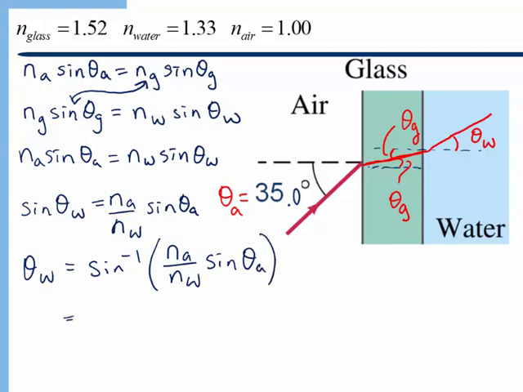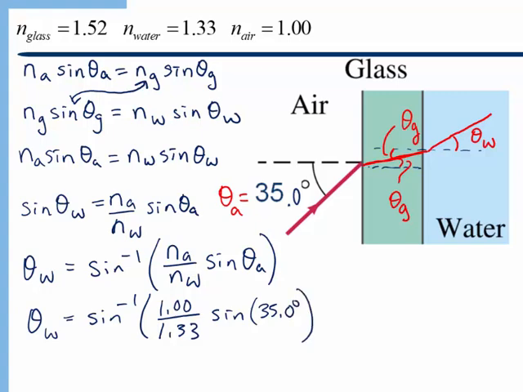And now I can just plug in the values. Remember again, to make sure your calculator is in degree mode, we get 1 divided by 1.33 times the sine of 35 degrees. We've got 3 significant figures here, and so our answer should have 3 sig figs, and I got 25.5 degrees.